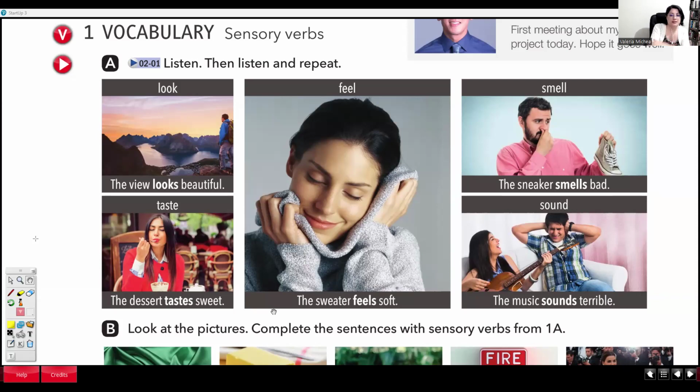You can add these sensory verbs to your descriptions, and also you can add more adjectives. What are the adjectives? Things like beautiful, sweet, terrible, bad, soft, etc. So those are adjectives.